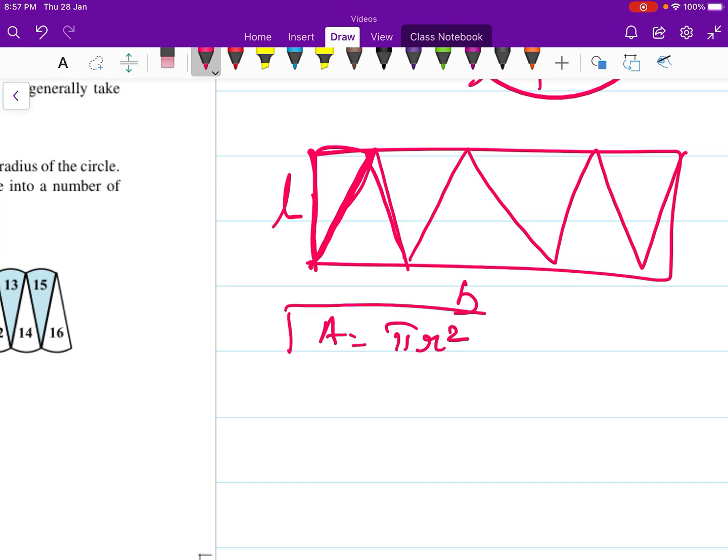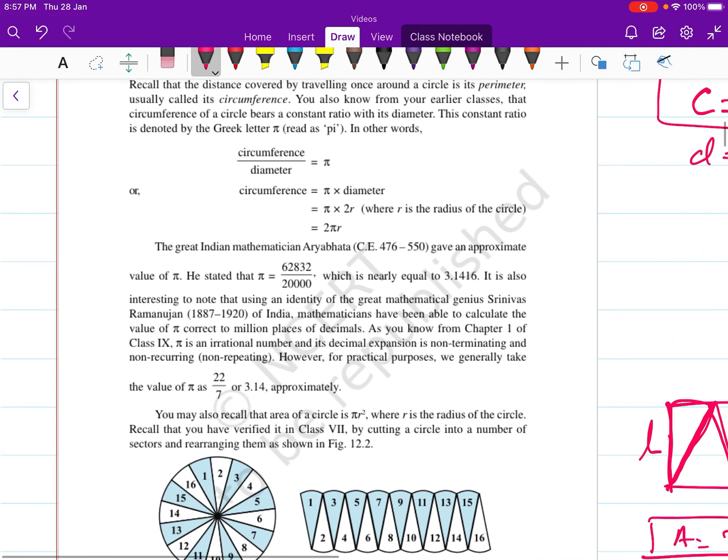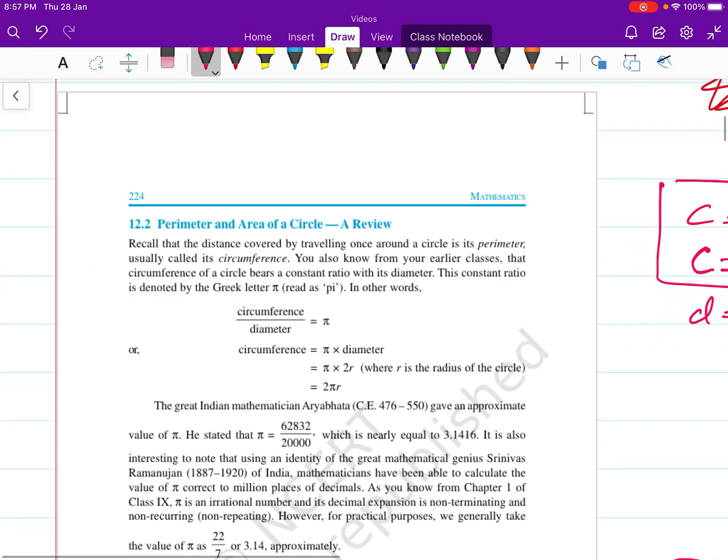So these two are the basic formulas of perimeter or circumference of the circle and area of the circle. Let us discuss it in detail.